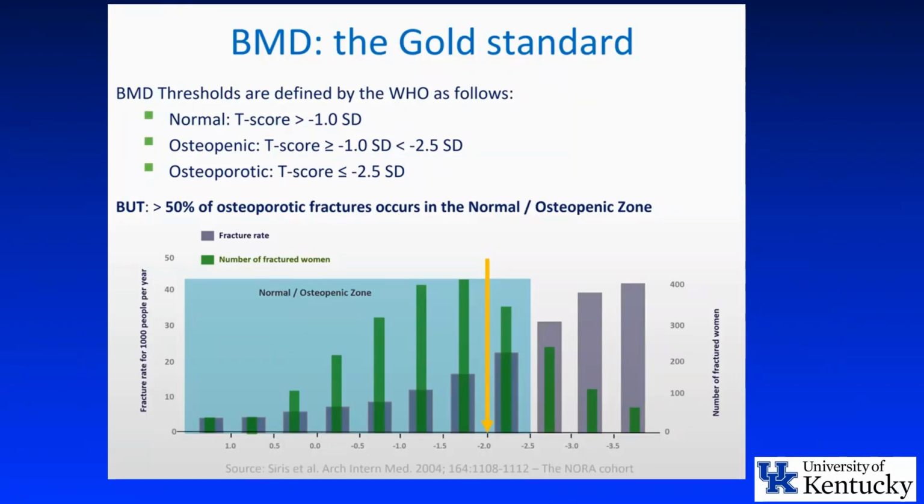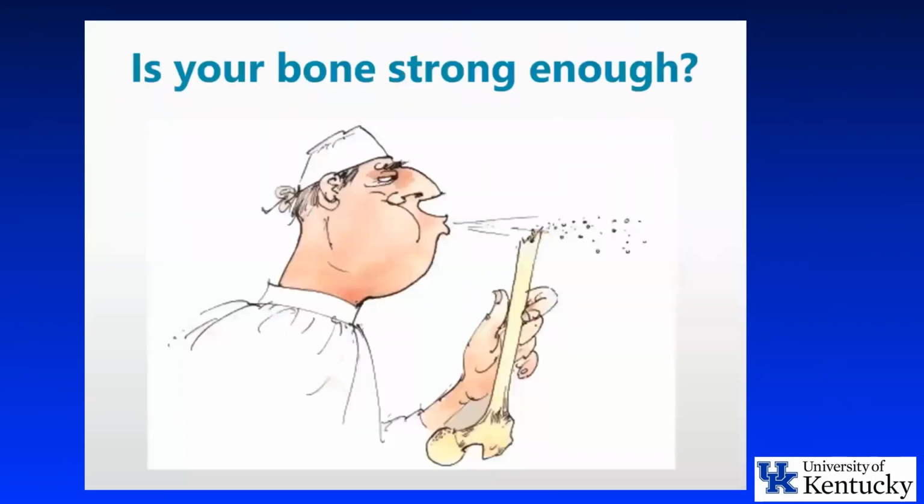Of course, if you have lower BMDs, you will have a higher chance of fracture, but still, even with normal or osteopenic ranges of BMD, you still have a risk of fracture, because BMD doesn't give you everything about bone strength.